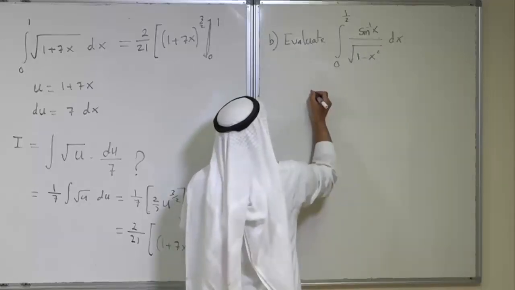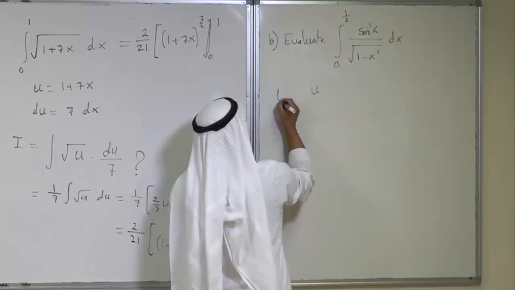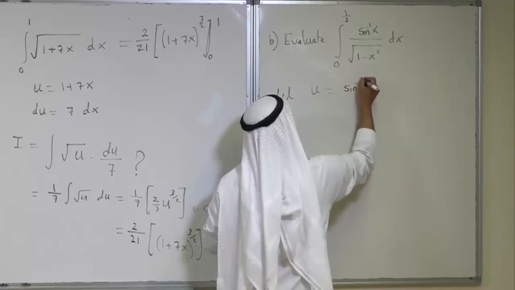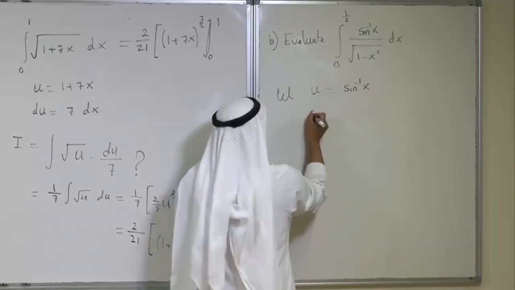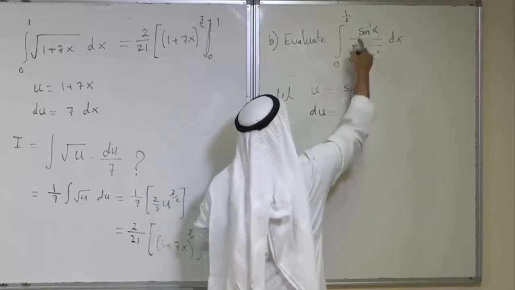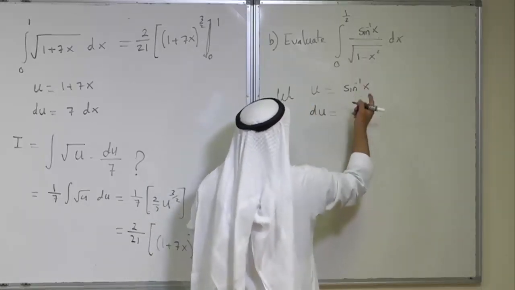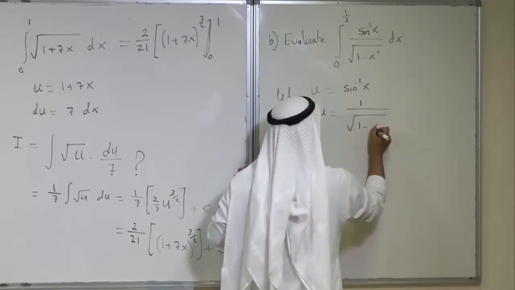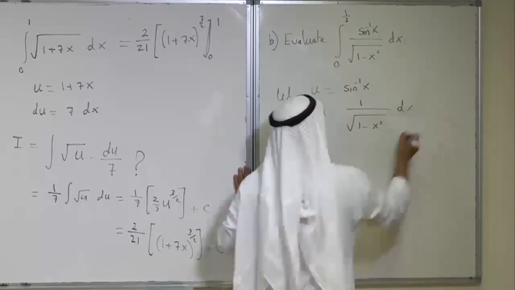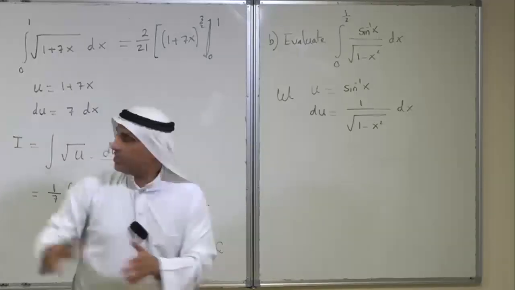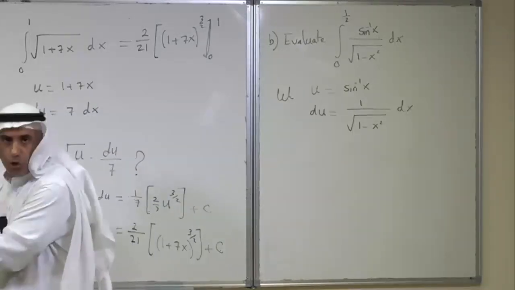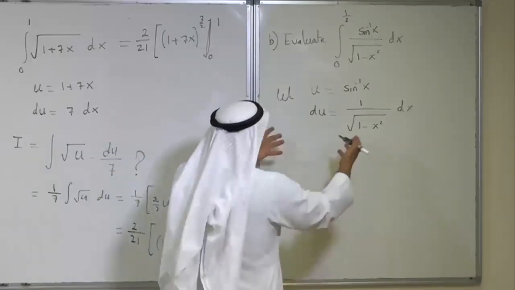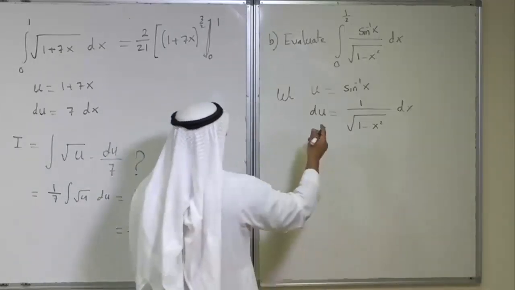Clearly here, if you let u equal sine inverse of x, then du will be equal to the derivative, just the differential, 1 over square root of 1 minus x squared dx. Now, I will use the first way to show how the solution goes to the final answer.